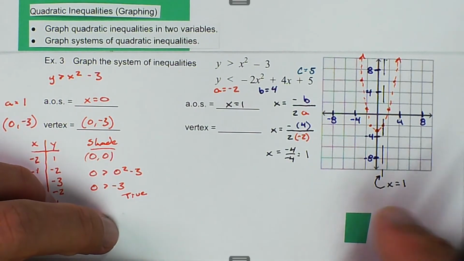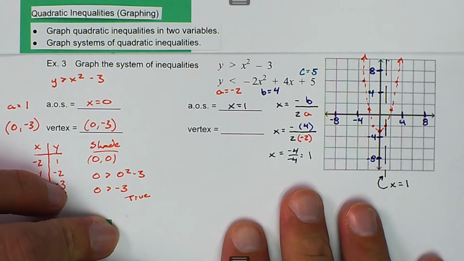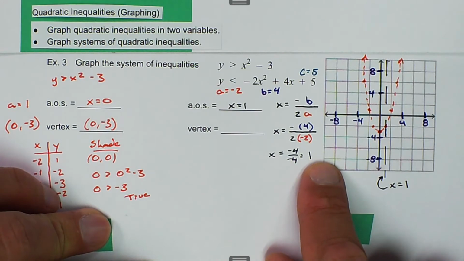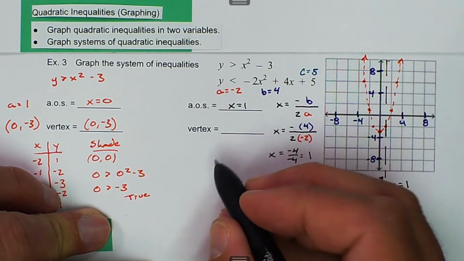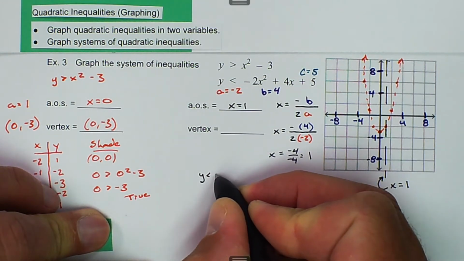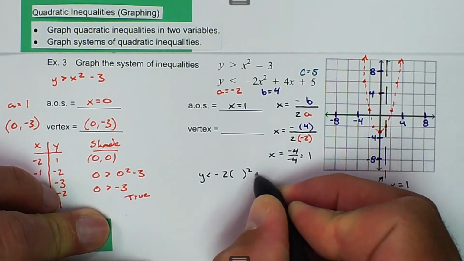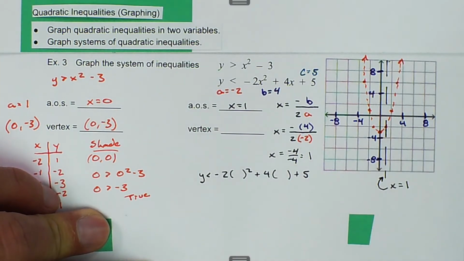And then we have to calculate where our vertex will be located. So we can substitute x equals 1 back into the inequality. So we get y is less than negative 2x squared plus 4x plus 5.